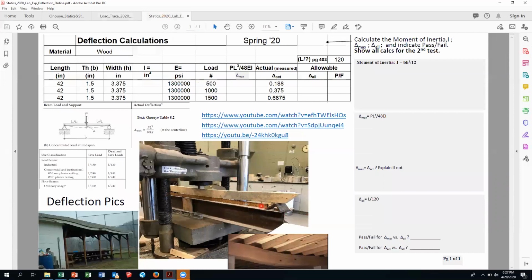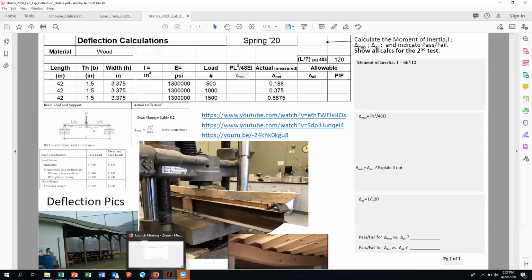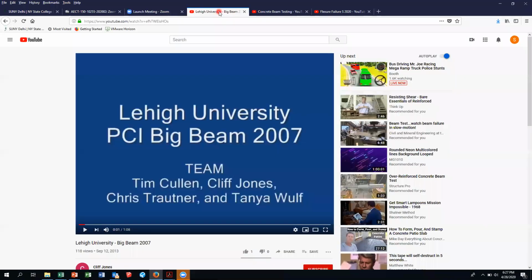Very basic. This is actually a yardstick, and this is a wide flange beam, and then we're deflecting this 2x4. So we know that the 2x4 is going to deflect before that beam deflects. Now I'm going to show you a couple of videos of what I wish I had.